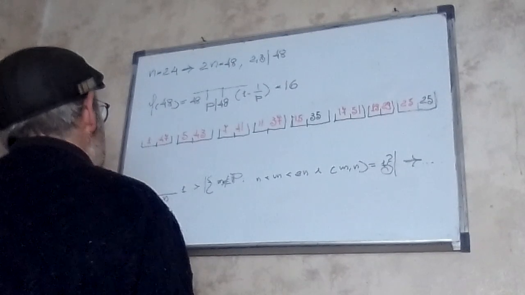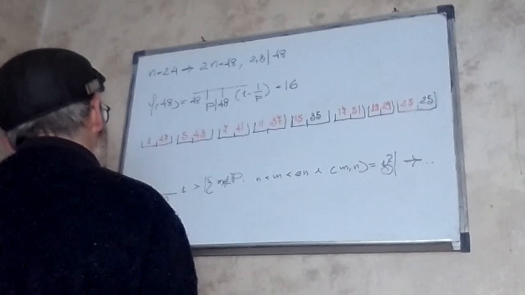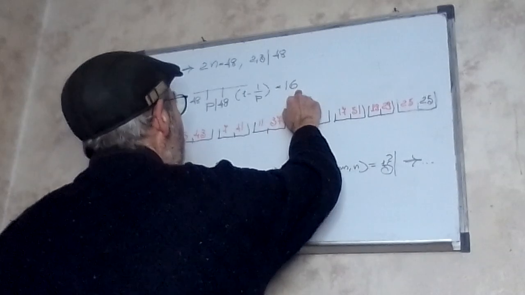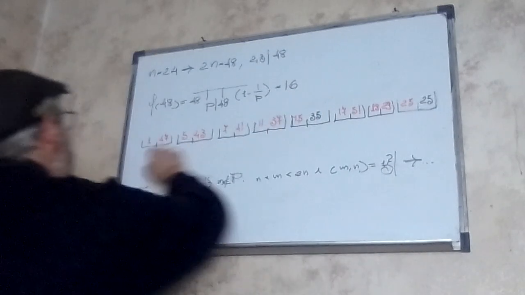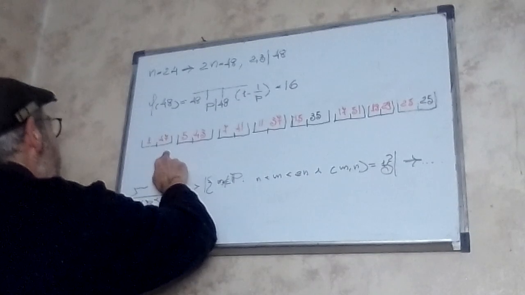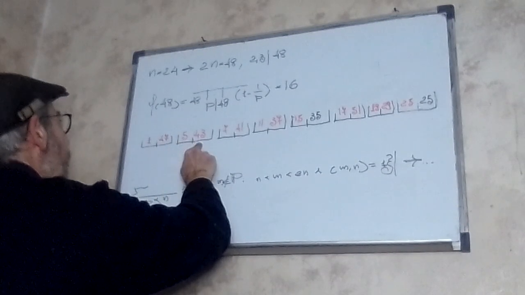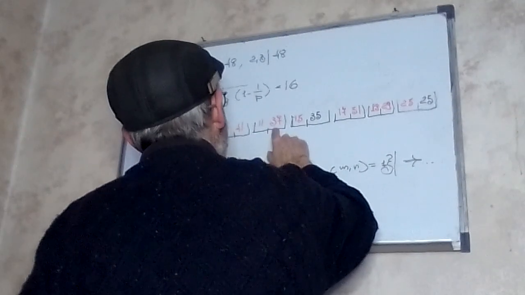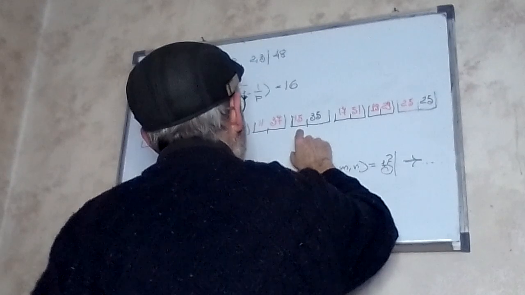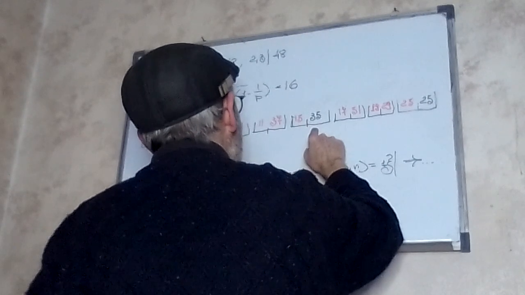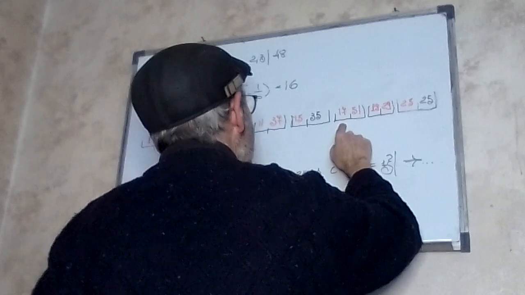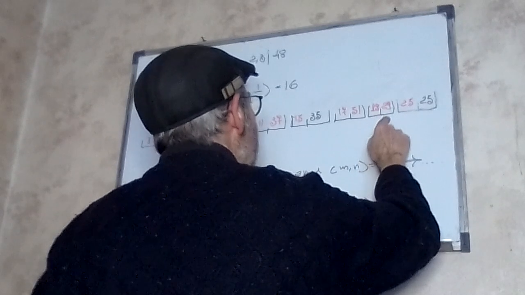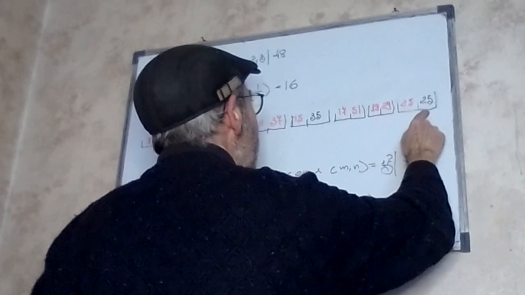So now our second task is to list these 16 numbers: 1, 47, 5, 43, 7, 41, 11, 37, 13, 35, 17, 31, 19, 29, 23, and 25.